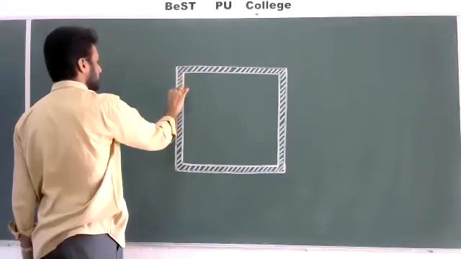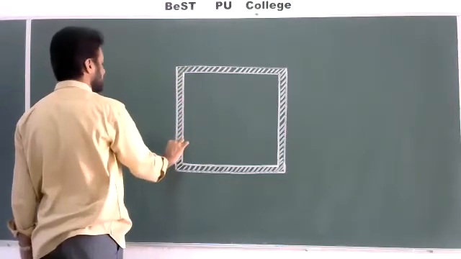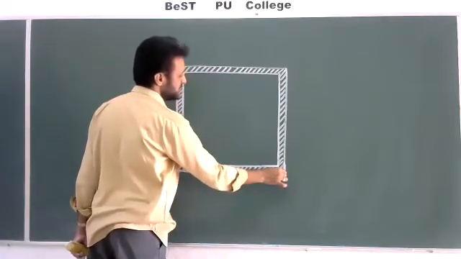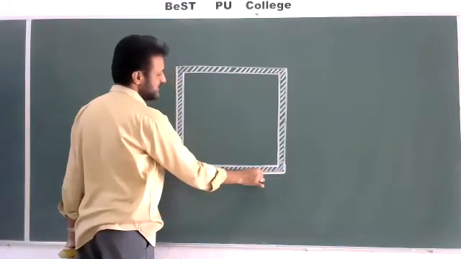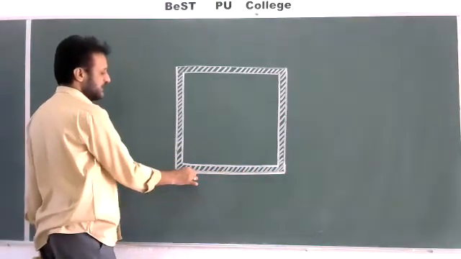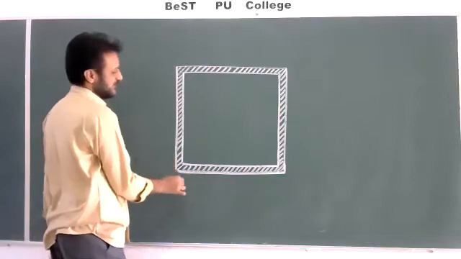Generally all this nuclear fuel, uranium, plutonium, thorium, we take in the form of solid rods, insert in aluminum cylinders, and keep inside the core of the reactor.